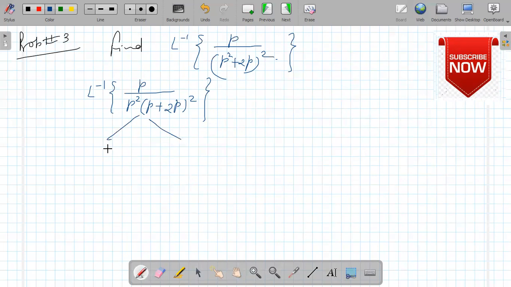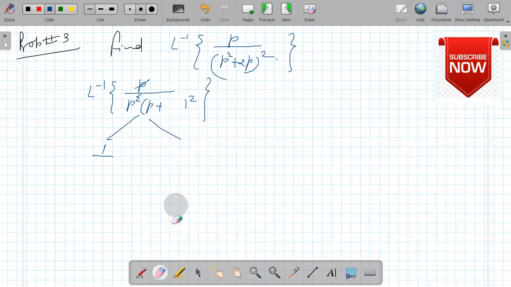So now this can be divided into two parts. One is 1 upon, so this P will cancel with this P, and you can take one more P common. When I take P common here I should not have P. That made my confusion.